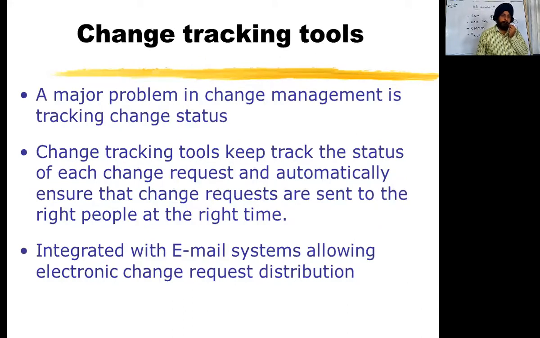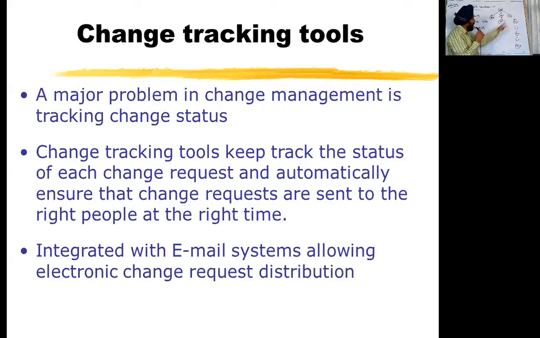So change tracking tools. There are different tools available which keep overall track of the changes that have been made. The major problem in change management is tracking the change status. If it was decided that module M1 has to be changed, then we have to see all the different documents and all the different parts where module M1 was there.